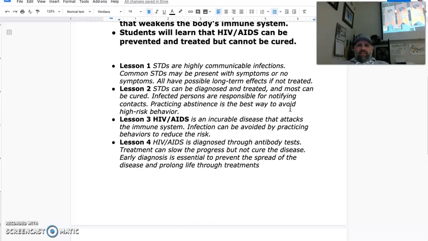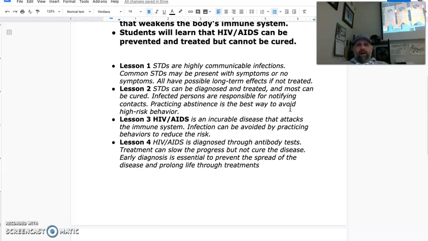And then lesson 3, we'll talk about HIV and AIDS. It is an incurable disease that attacks the immune system. Infection can be prevented by practicing behaviors that reduce the risks. So again, a lot of the same things that we'll be talking about with protecting ourselves from other STDs, we'll be utilizing some of that same information when we talk about HIV.